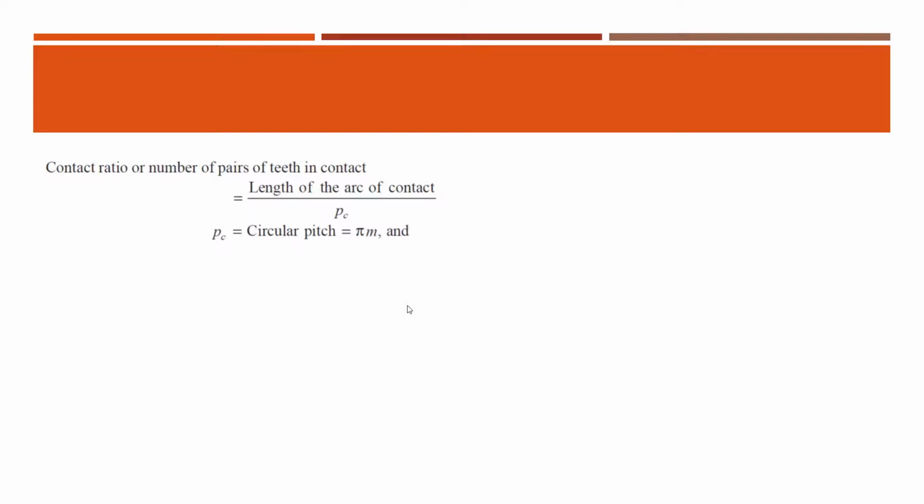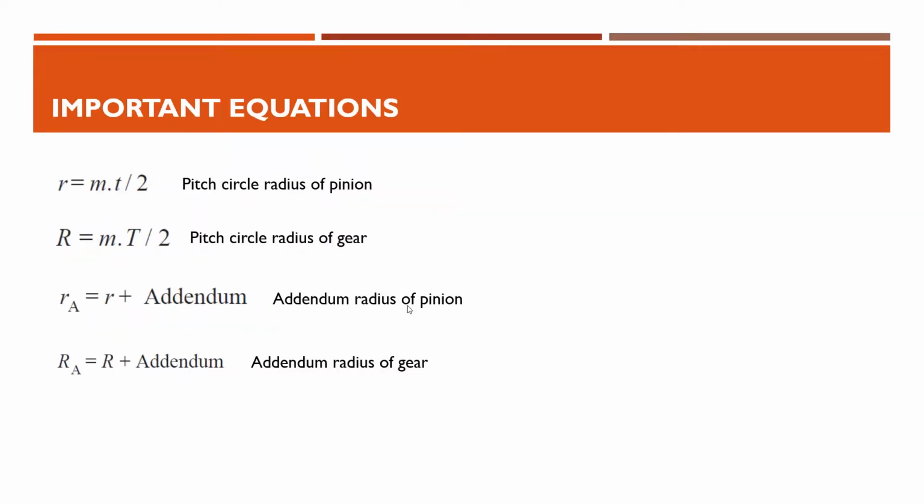Because in most of the problems, the given data will be the module, I represent everything with respect to the module, even the radius. So, these are the important equations.